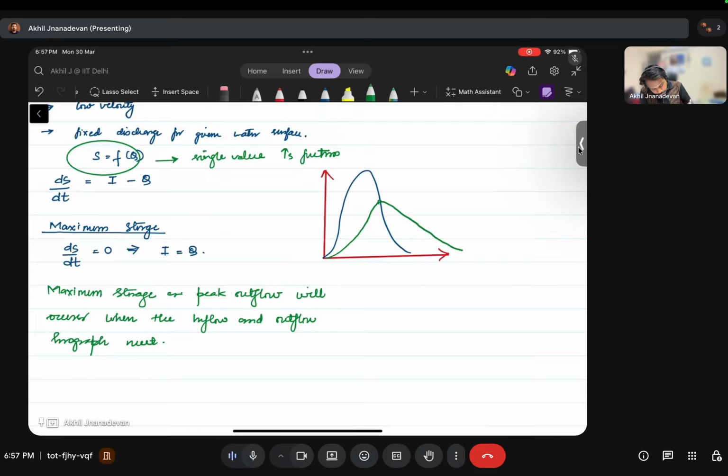So here the peak outflow will occur when I is equal to Q, the maximum storage point.